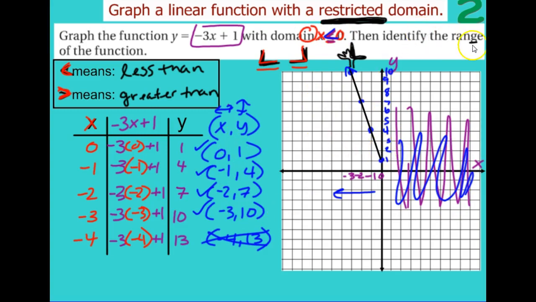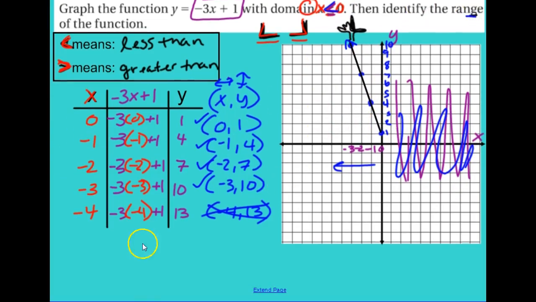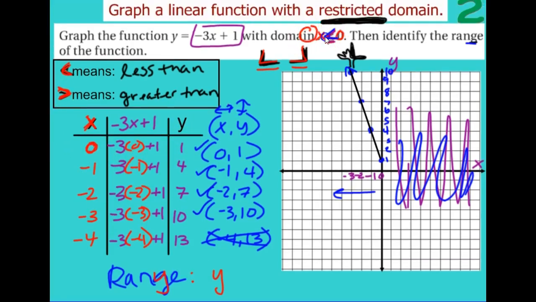So then last, identify our range. Our range is our y values because our domain was our x values. Our domain is our x, range is y. So if we think about it, think back up here, x was less than or equal to 0.